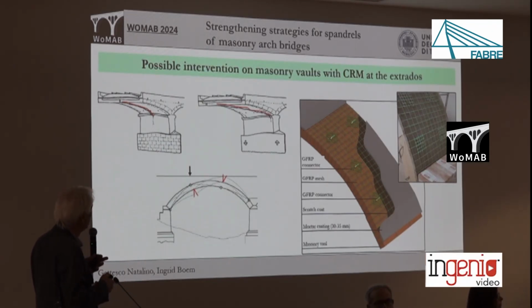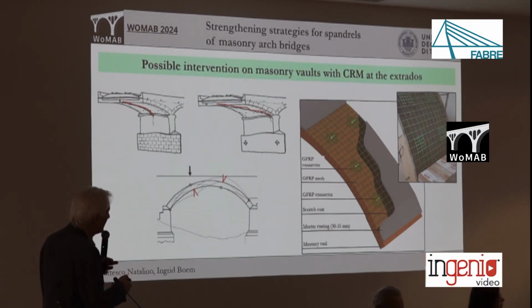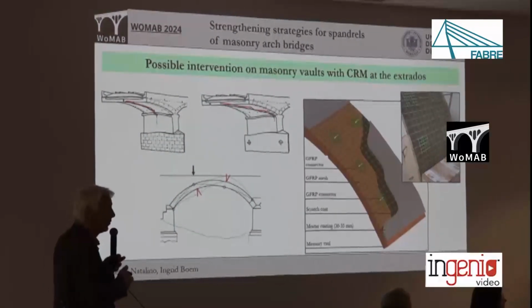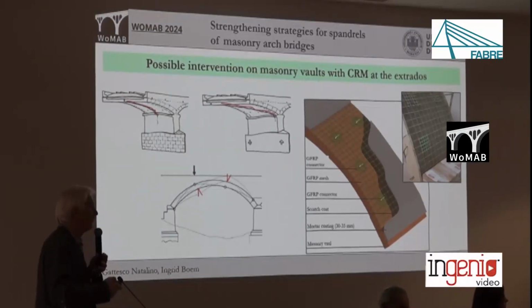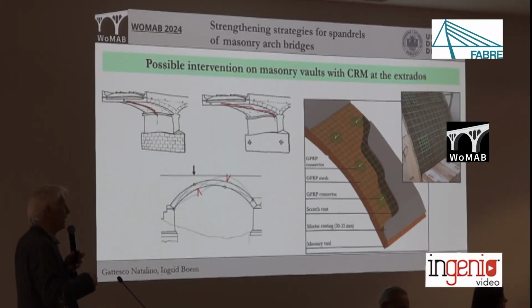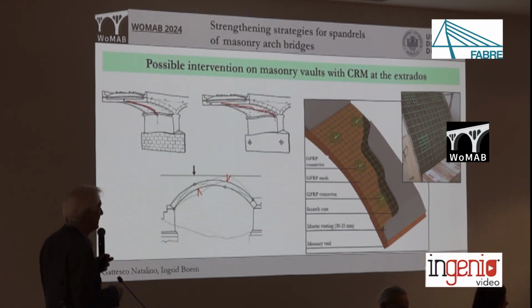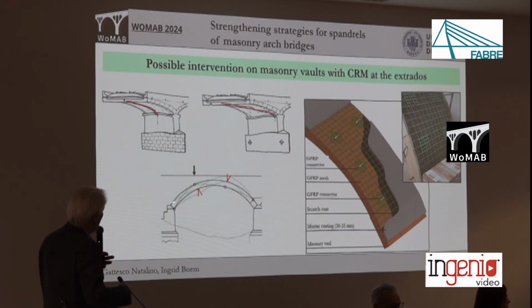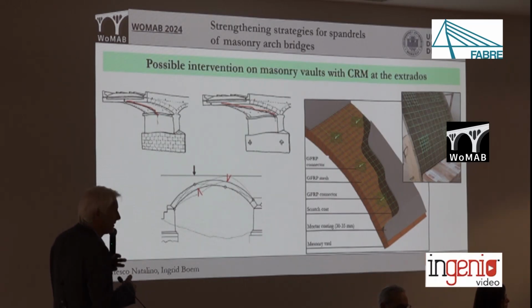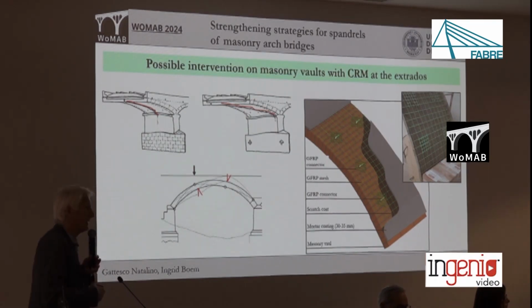The last campaign of tests that we carried out refers to the vaults, and we applied the reinforcement both on the extrados and at the intrados, because in this case we would like to avoid the opening of the cracks that form in the wall.